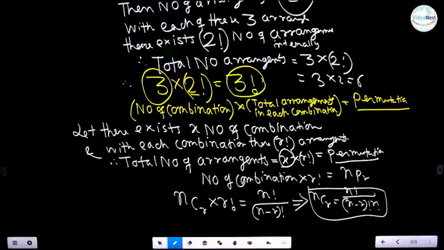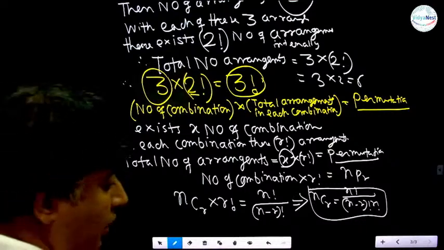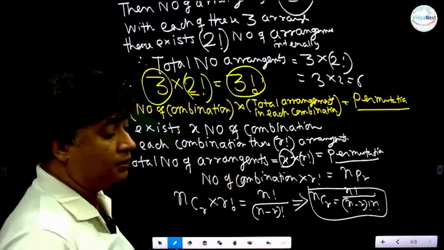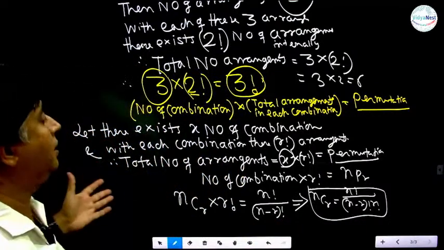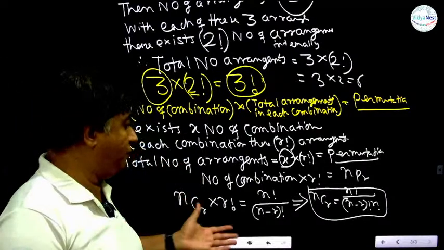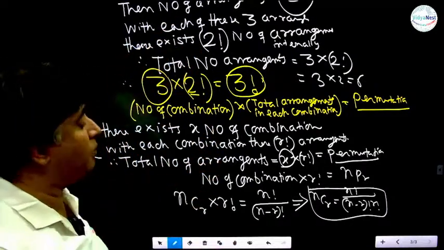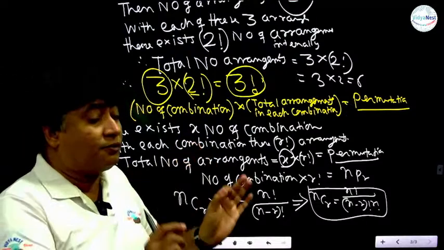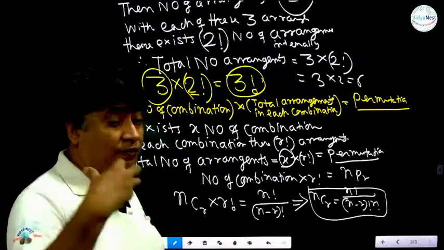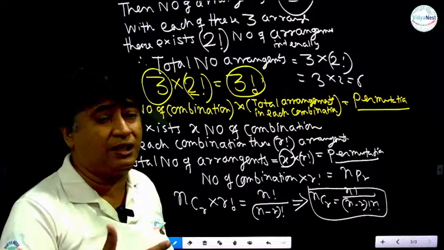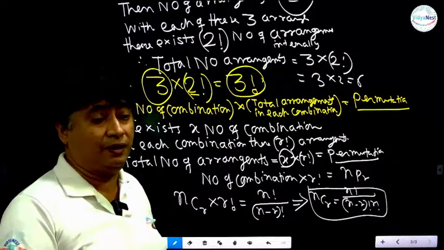Now you can ask me, what is the use of establishing this formula? Do we have any use of this concept? Obviously, from the direct formula you can get some questions in JEE entrance even.